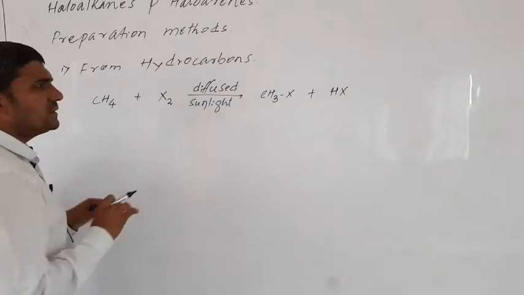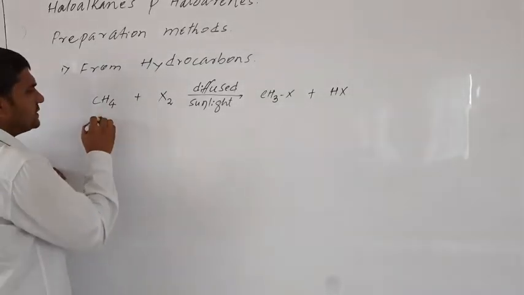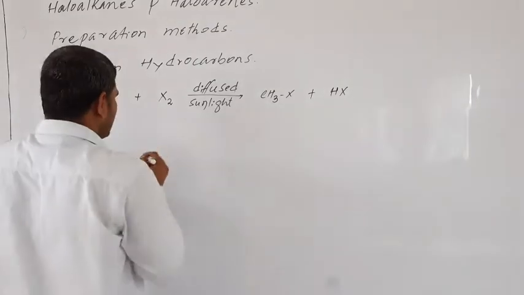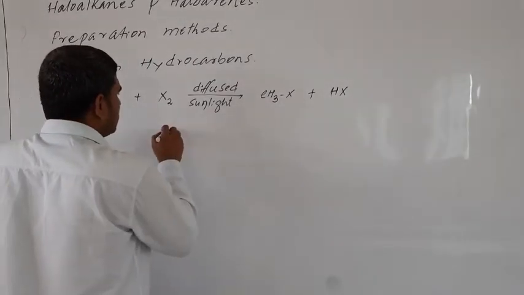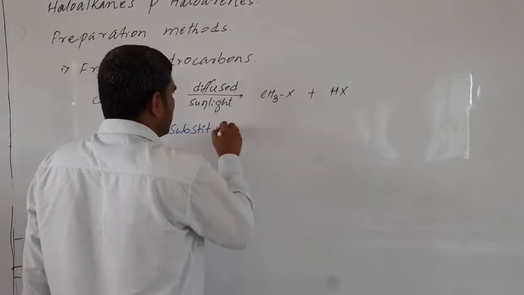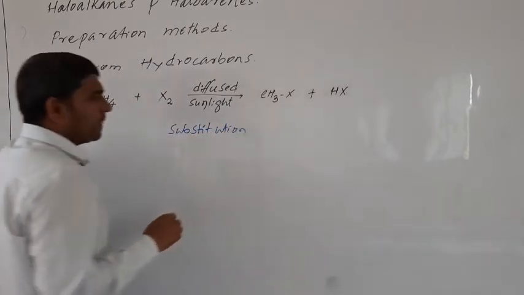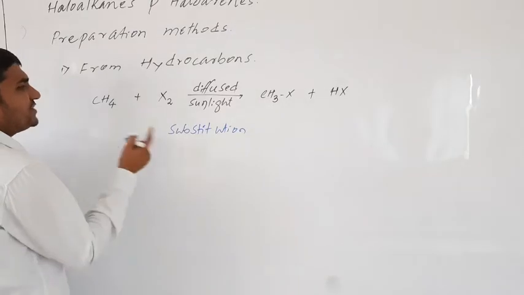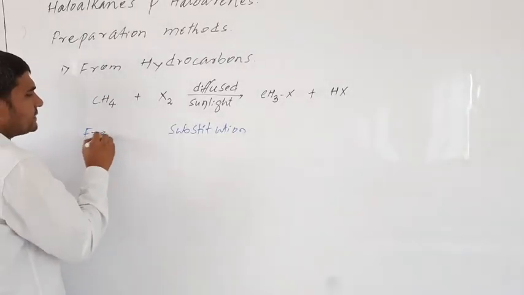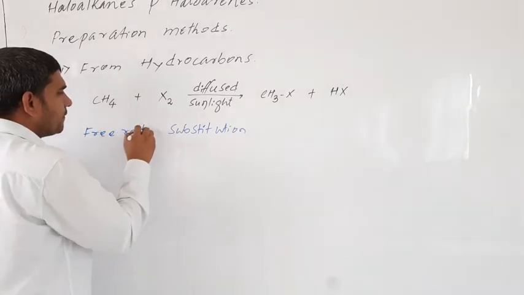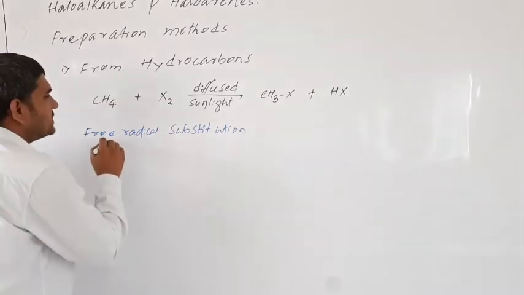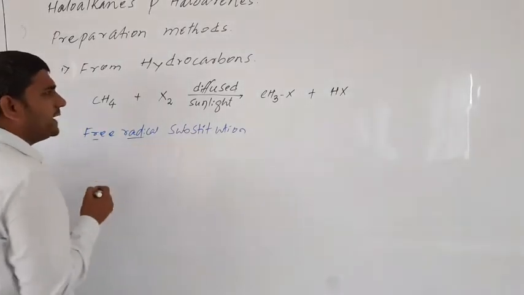But if you observe this reaction, actually this reaction is an example of substitution reaction. Which type of substitution? This is free radical substitution. This process involves the formation of free radicals.